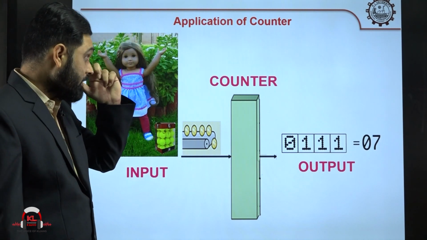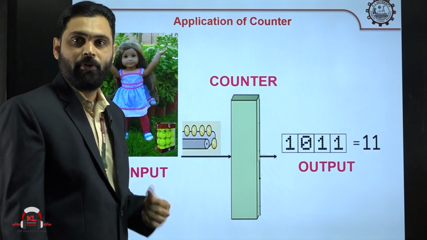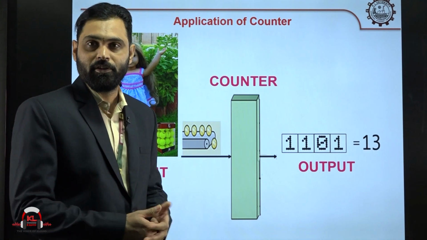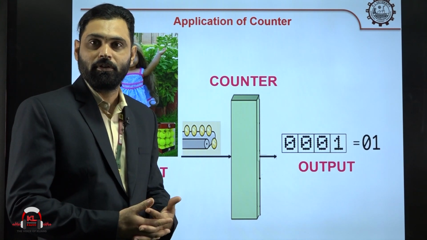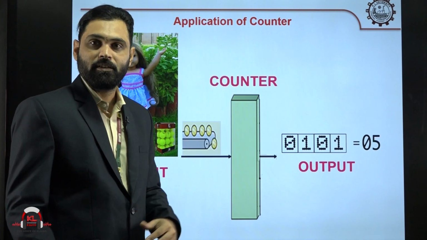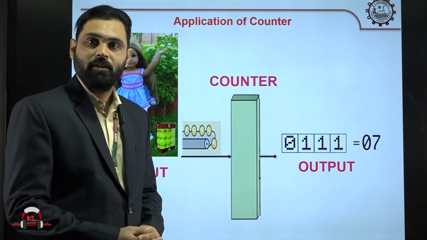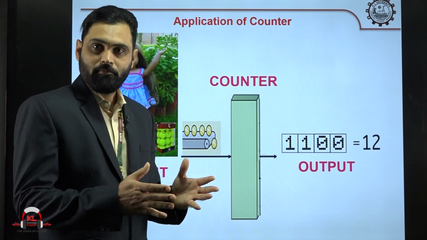If you look at the applications of counters, where will they be used? Whenever you are counting any particular operation or number of events, how many events are conducted, if you want to have a count, then you should have one device, and that device is the counter. This counter is very important, because we do many operations in a particular sequence.